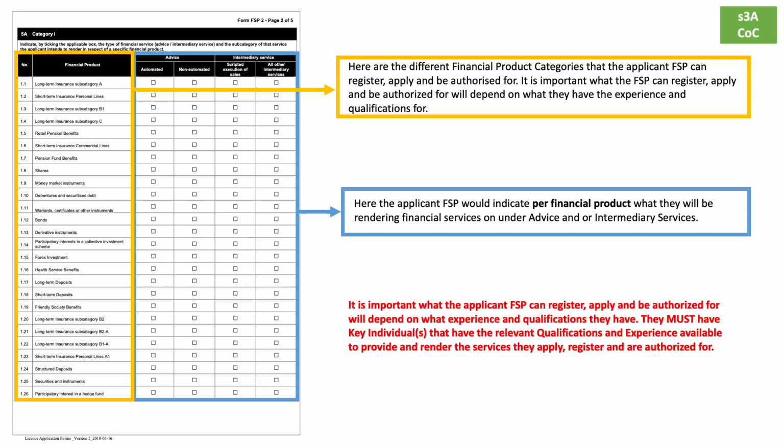It is important to know that what the applicant FSP can register, apply, and be authorized for will depend on what experience and qualifications they have. They must have key individuals that have the relevant qualifications and experience available to provide and render the services they apply, register, and are authorized for.